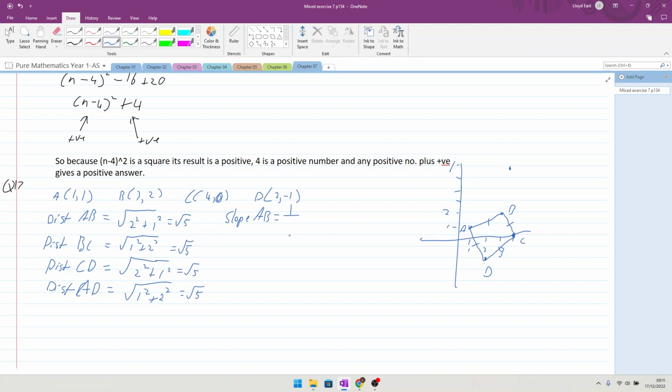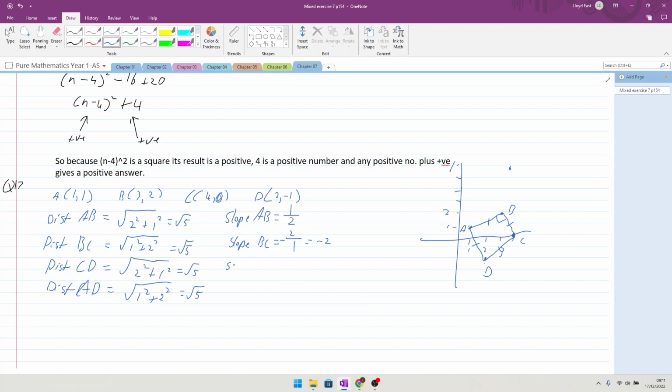Difference between 3 and 1 is 2, and it's a positive. Good. The slope of BC. The difference of the y's, 2 to 0, is 2, and the difference of the x's, 3 to 1, is 1, and it's in a negative direction, which is minus 2. So you can see that's the negative inverse of that, making that one 90 degrees.